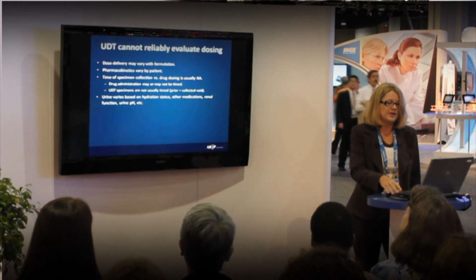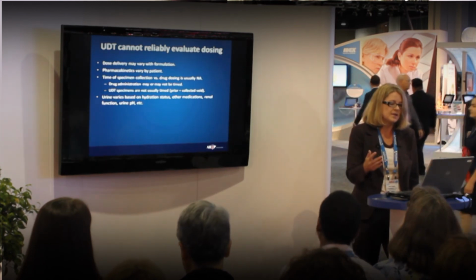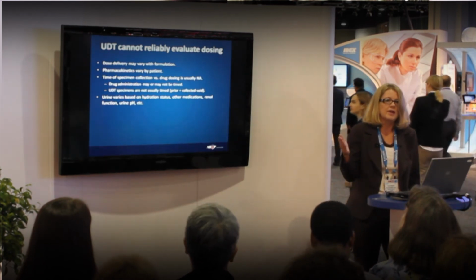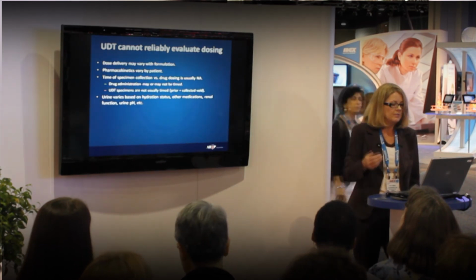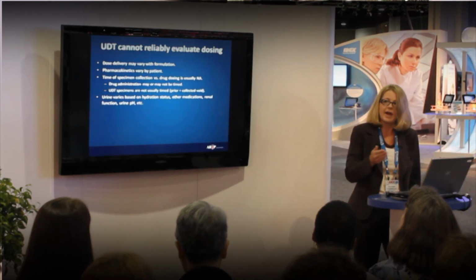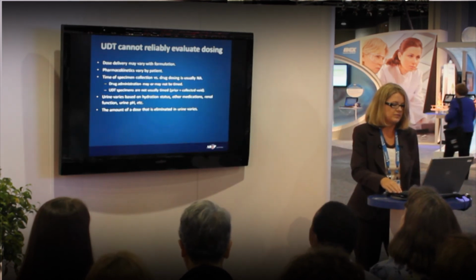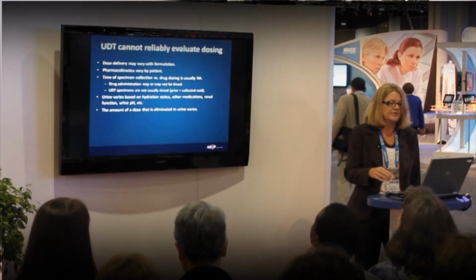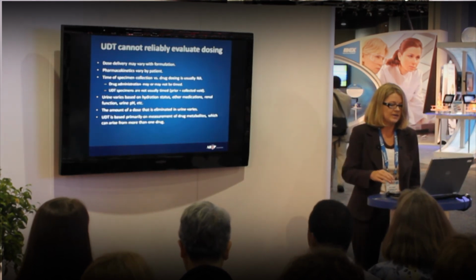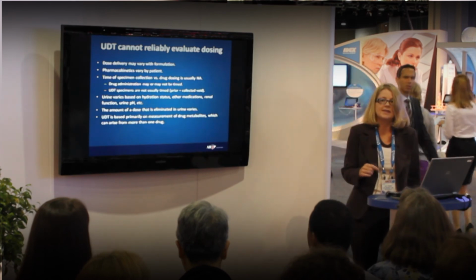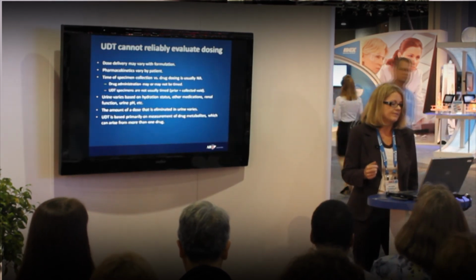We know that urine varies based on hydration status, and so getting a creatinine concentration may help us normalize the result for an individual patient to provide some degree of serial monitoring, but it's very difficult to then, like I say, back calculate to an actual dose or dosing frequency. We also know the amount of a particular dose that's eliminated in the urine varies, and that most testing is actually based on measuring drug breakdown products, not the parent drug itself.